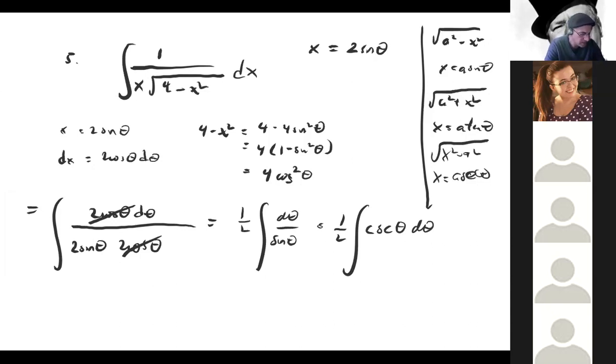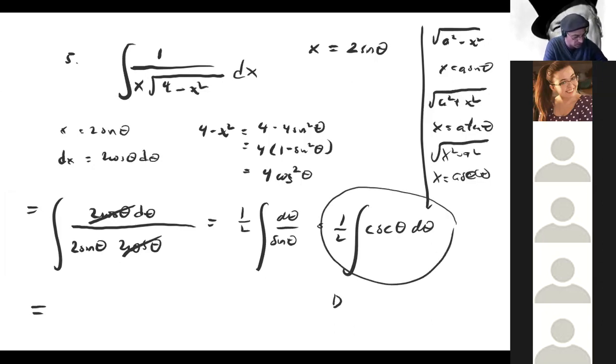Okay, so now we have to remember what the antiderivative of cosecant is, right? Actually, we haven't done that, unfortunately, but I can tell you what the answer is, or we can do it later. So I'm going to defer the answer here.